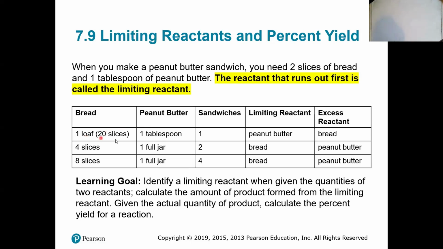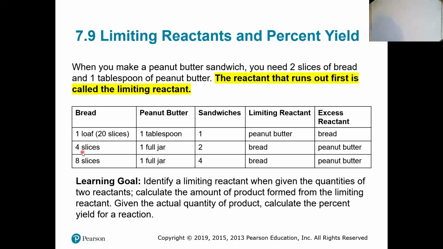If I have 20 slices of bread available, but I only have 1 tablespoon of peanut butter available, I can only make one sandwich. Even though I have 20 slices of bread, I can only make one peanut butter sandwich because I don't have enough peanut butter to make any more than that. So in this first example, our limiting reactant is going to be the peanut butter, and our excess reactant would be the bread.